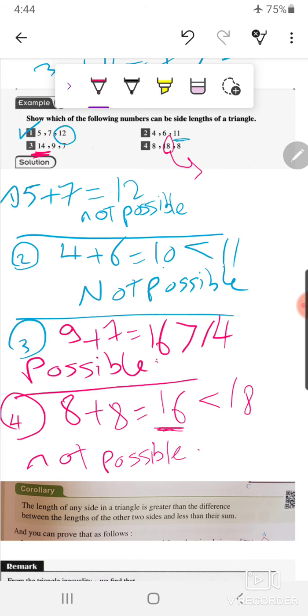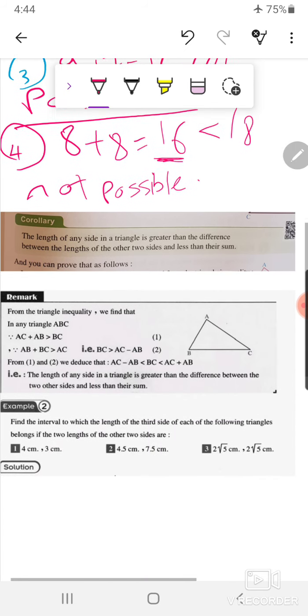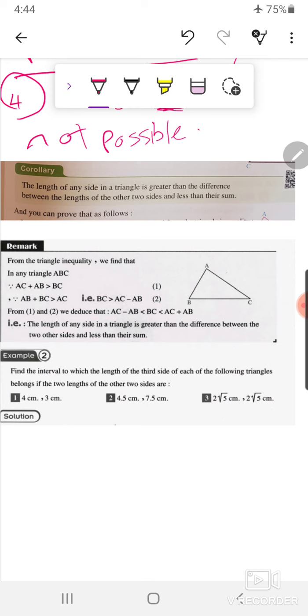Okay. Now let's take this corollary. In this corollary, the length of any side in a triangle is greater than, remember, greater than what? The difference. What is the meaning of difference? Minus, which is greater than the difference between the lengths of the two other sides and less than their sum.